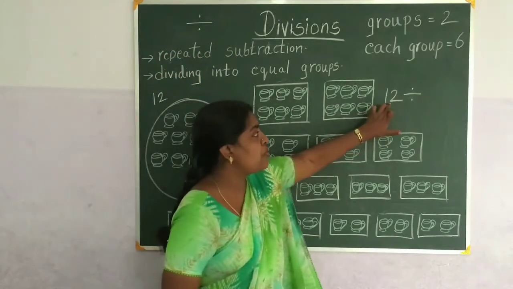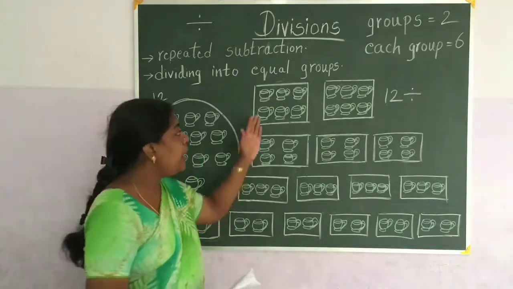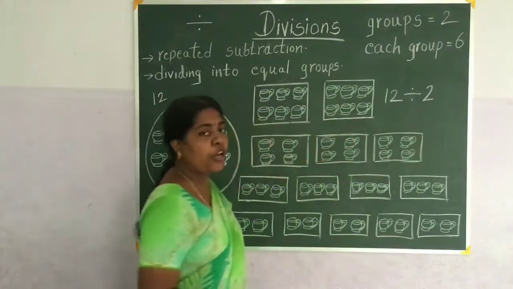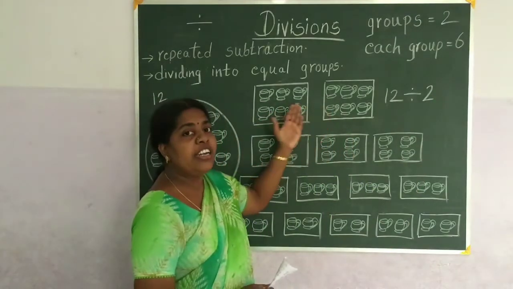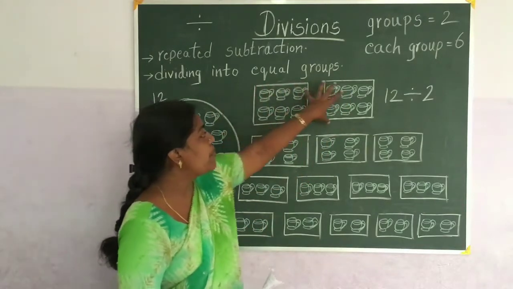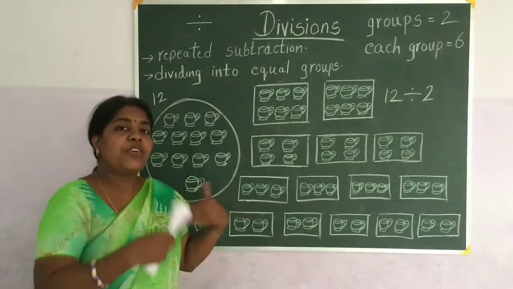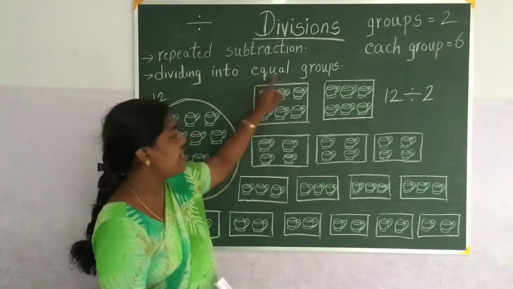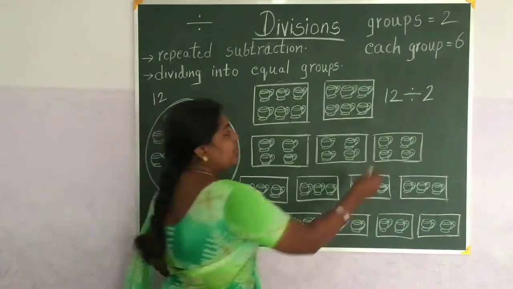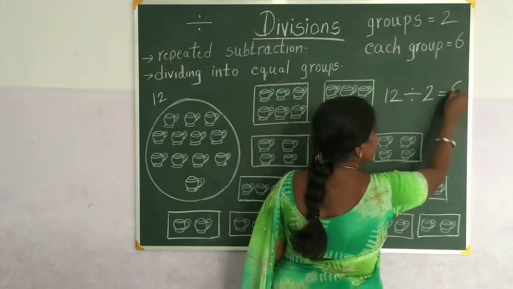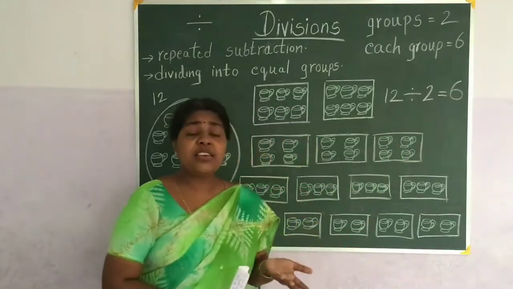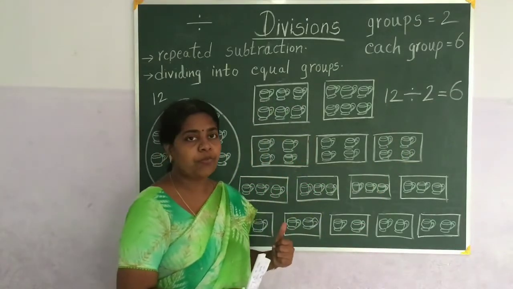So 12 cups are divided into how many groups? 2 groups. If 12 cups are divided into 2 groups, how many cups are there in each group? As we counted before, 6 cups are there in each group. So how can you say this in the form of a statement?